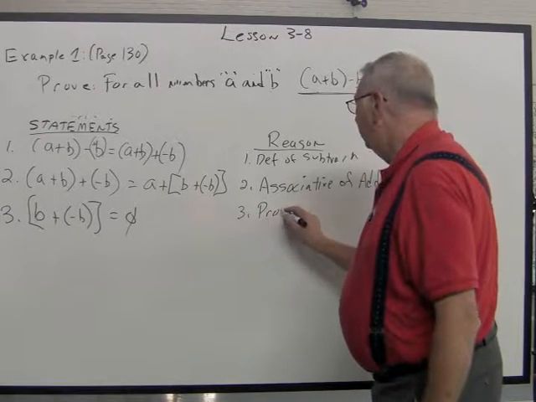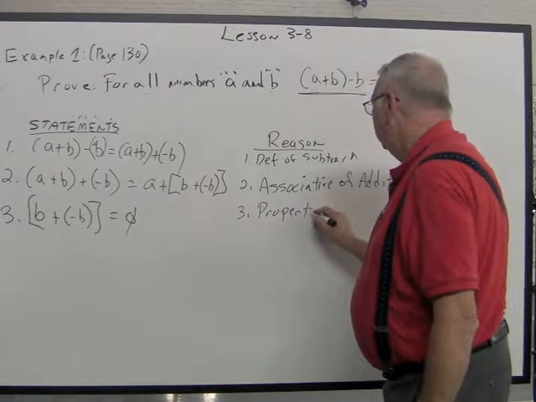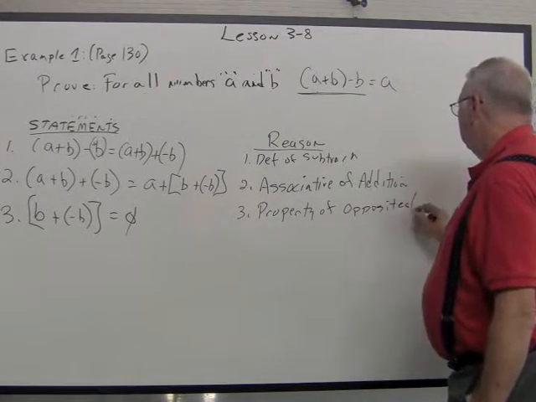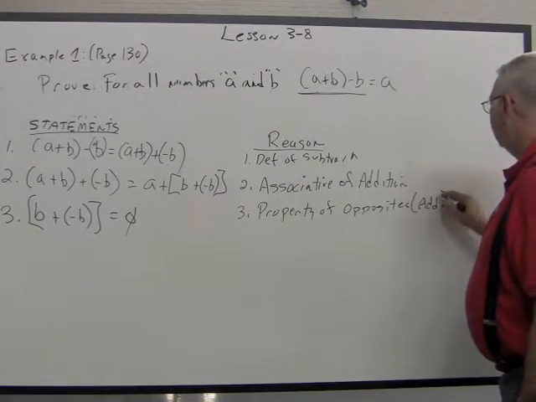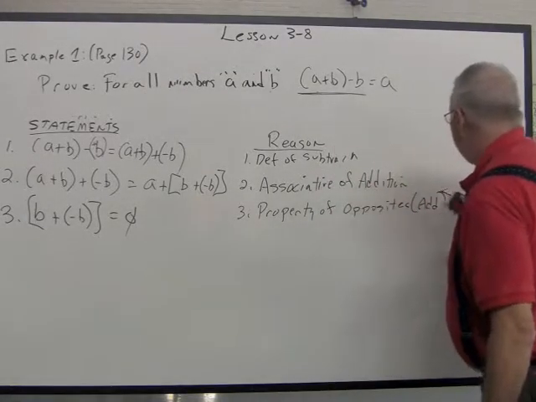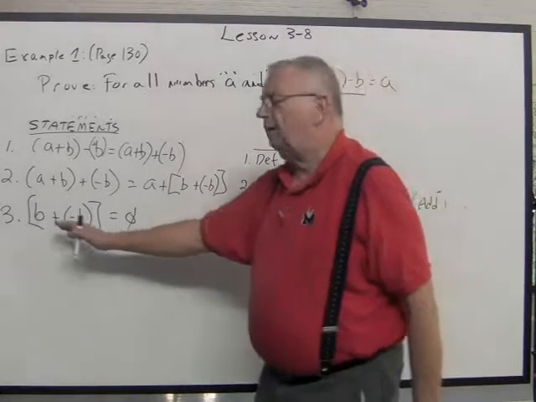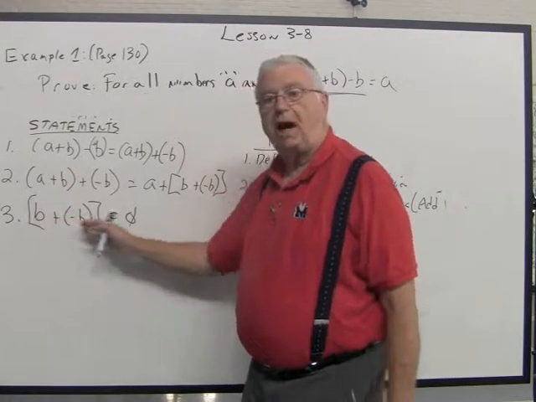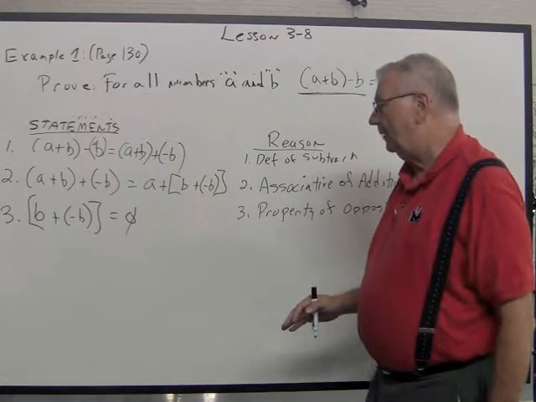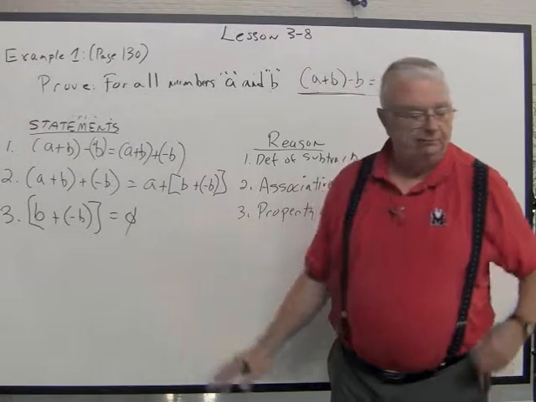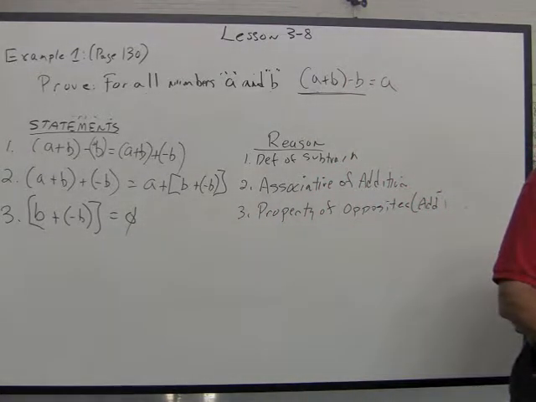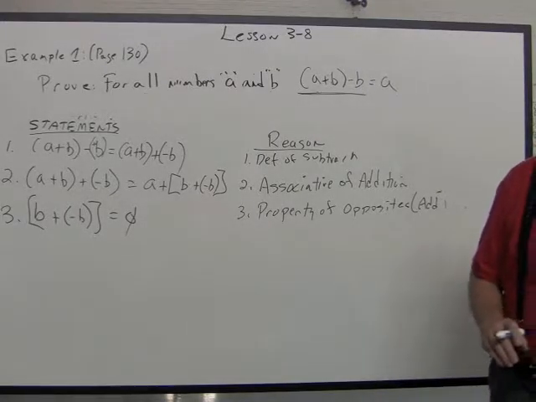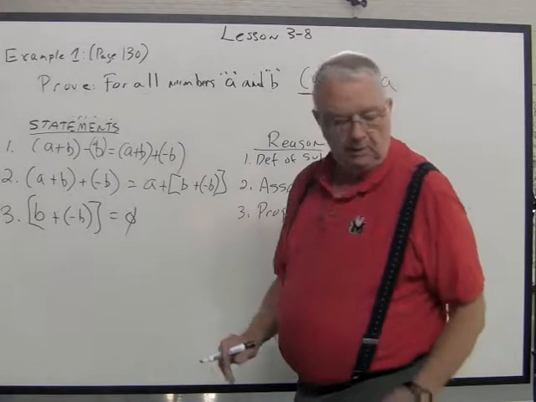When you add numbers that are opposite, and I think that would be for addition and subtraction here. So adding opposites, for instance, a 3 added to a minus 3, the result would be 0. So the property is the property of opposites. So we can see then that they've taken care of the b plus the minus b being 0 by the property of opposites.